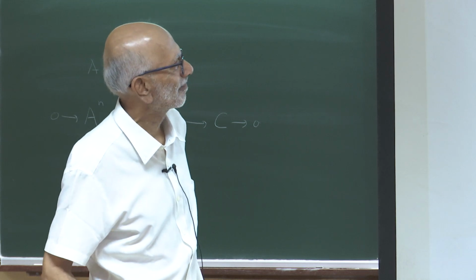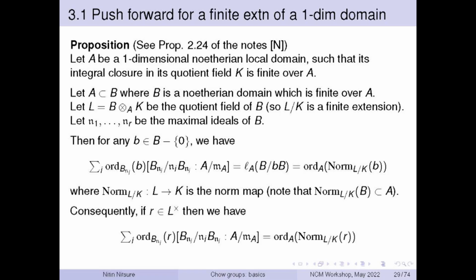Okay. Now, you might object that your A was not a discrete valuation ring. You told us this argument for a discrete valuation ring. So how do you handle that? The answer is, I go to its normalization, and there are a number of points, and there all localizations are discrete valuation rings.